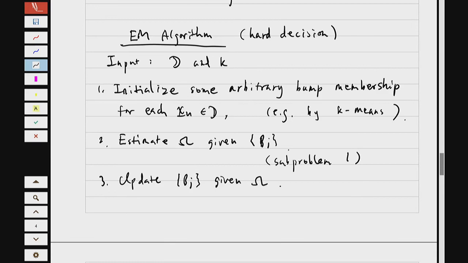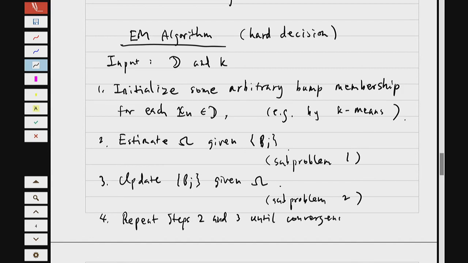I'm writing this really just redundantly, but for completeness' sake, let's write them down. This is problem 2. And then you repeat 2 and 3 until convergence.